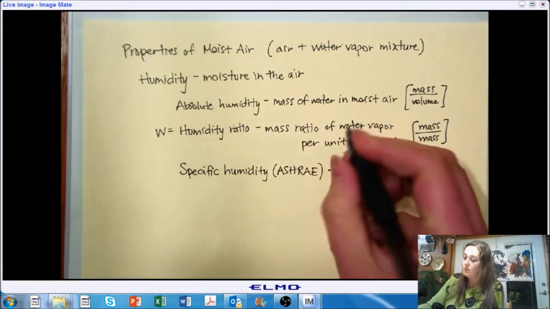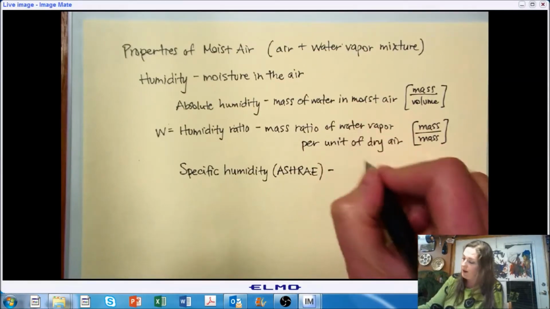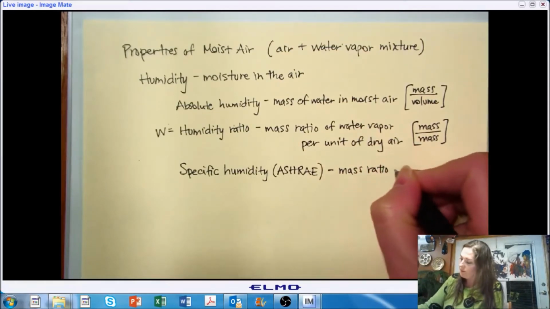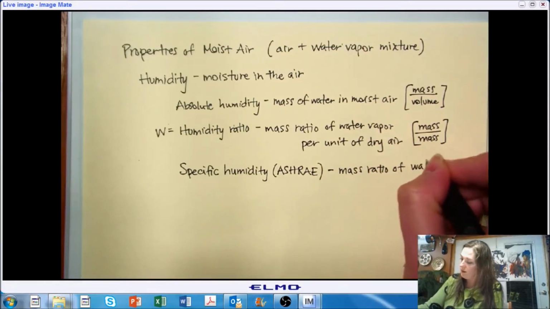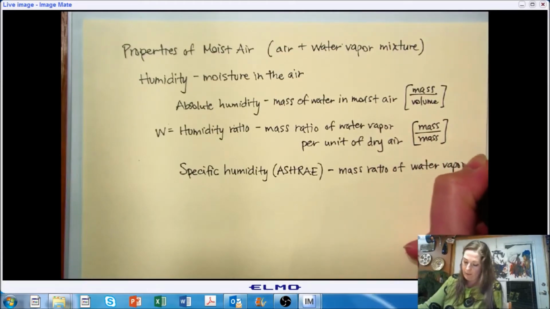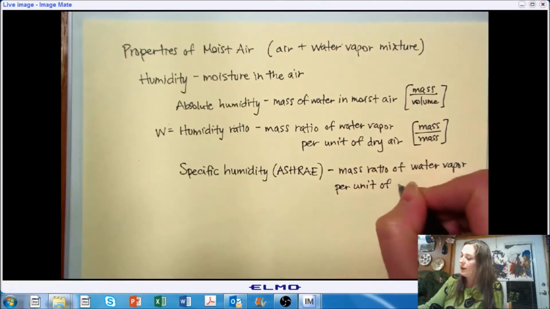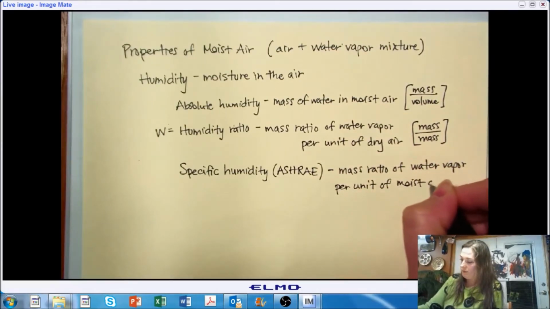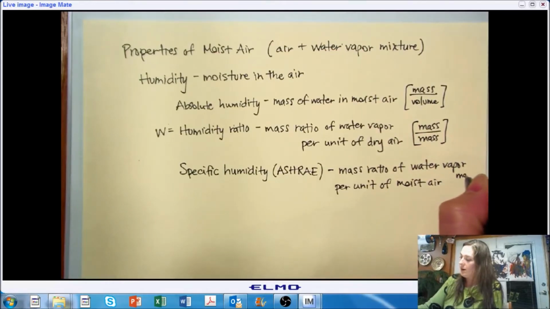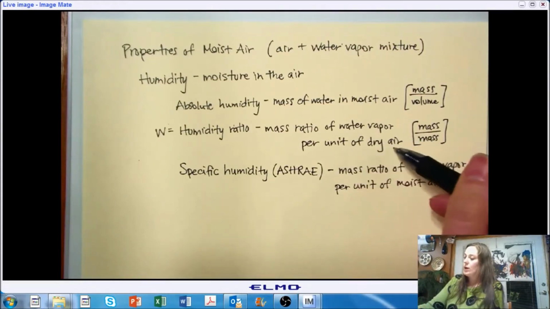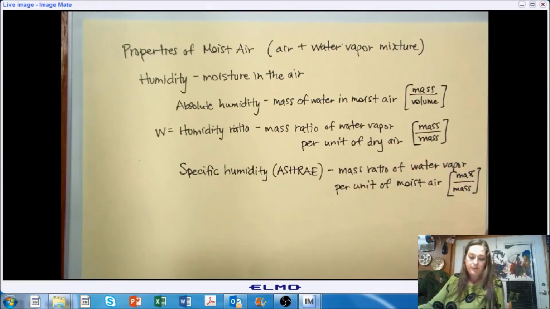For us, the specific humidity is going to be defined as, again, a mass ratio of water vapor per unit of moist air. And it's represented, similarly to humidity ratio, as a mass divided by a mass. But the difference in the definitions by ASHRAE is humidity ratio is per unit of dry air, specific humidity is per unit of moist air.